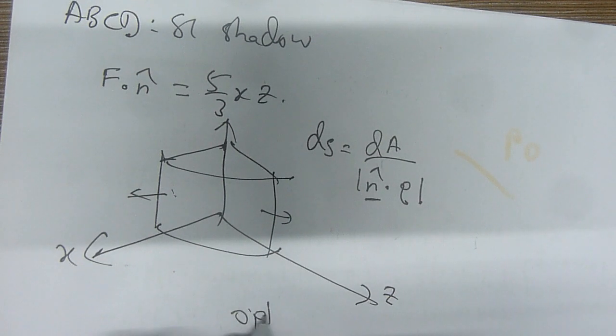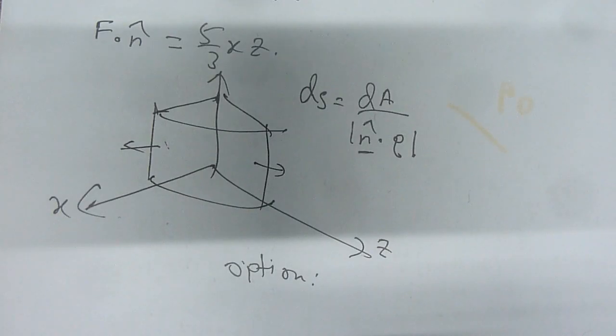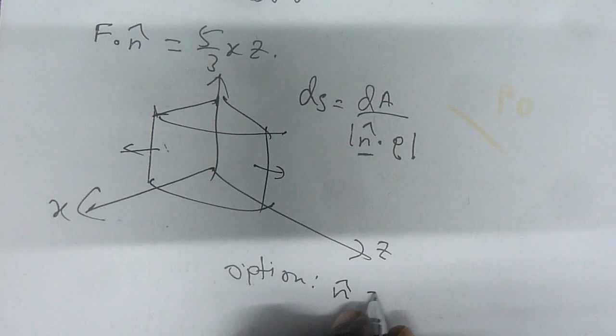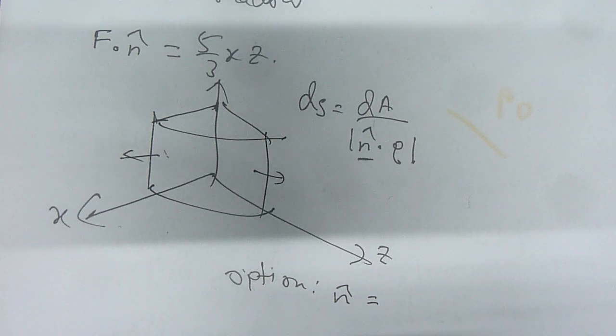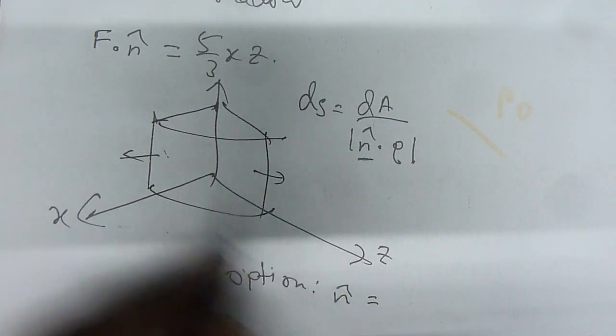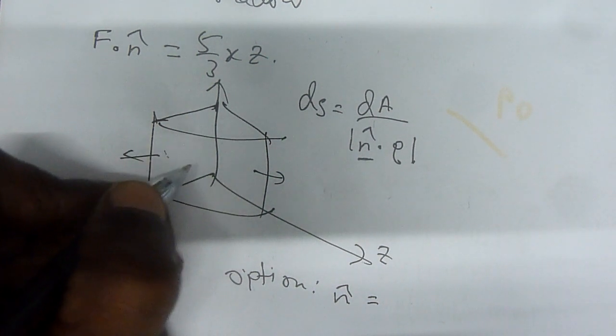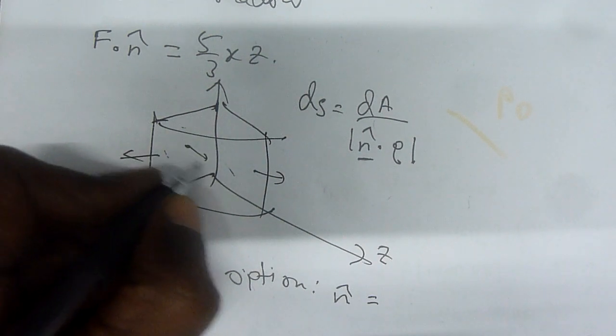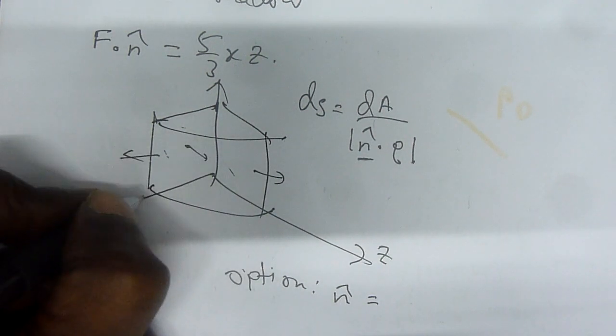First option, okay, I show you the first option. If I choose n as k inside, this one falls inside, you know, the k is here, because overall I'm going to represent this, right?